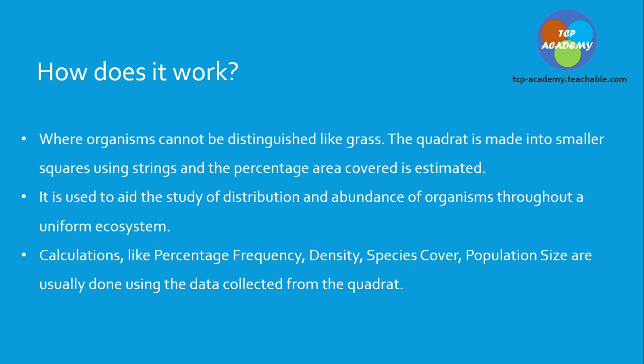Calculations like percentage frequency of a species, the density of a species, the species coverage, and population size are just some of the calculations that are usually done when we are using the quadrat sample. All these we will have to learn to do and have a good appreciation of the formulae to ensure that when we write up our lab report, we are doing an awesome job.